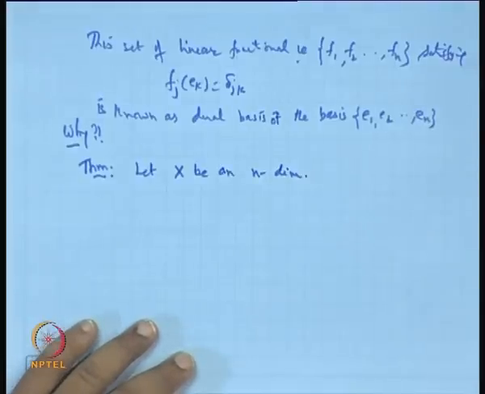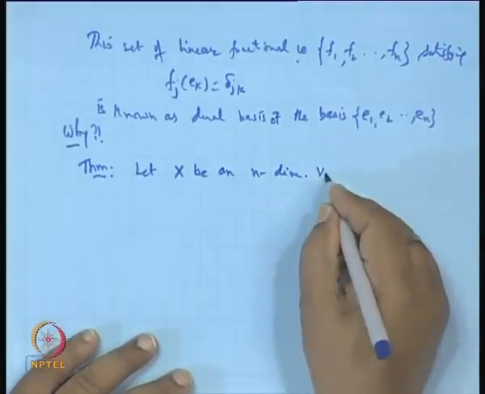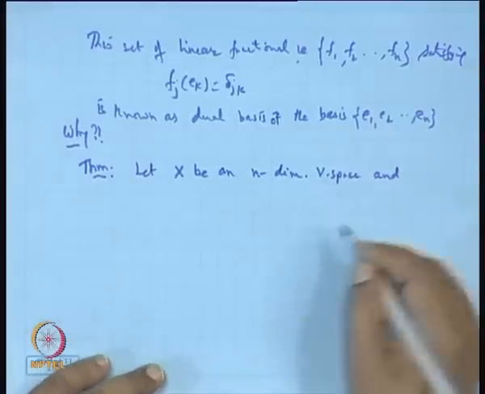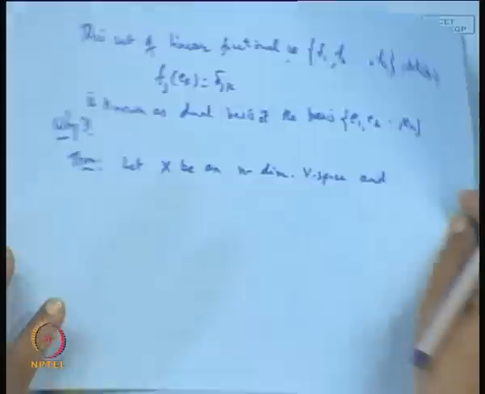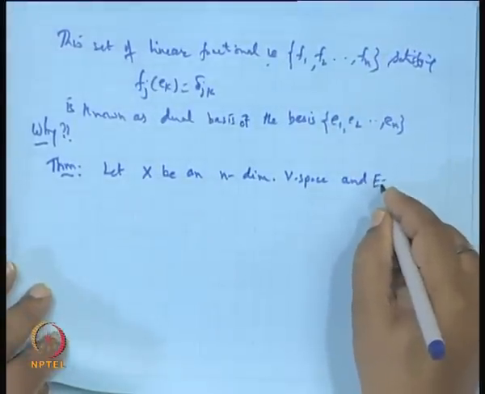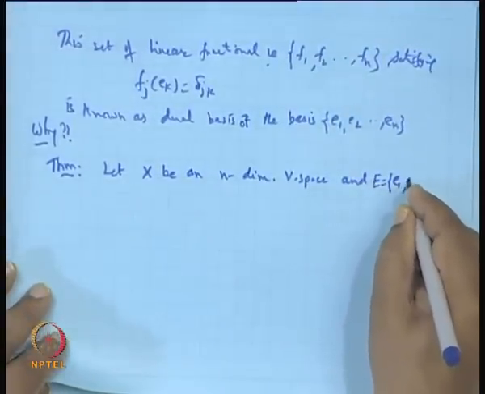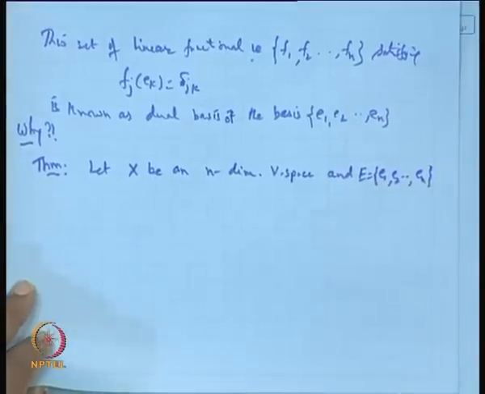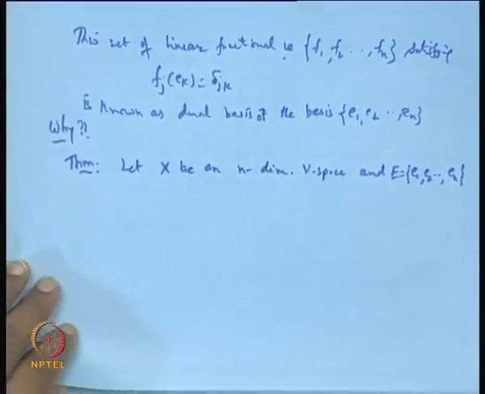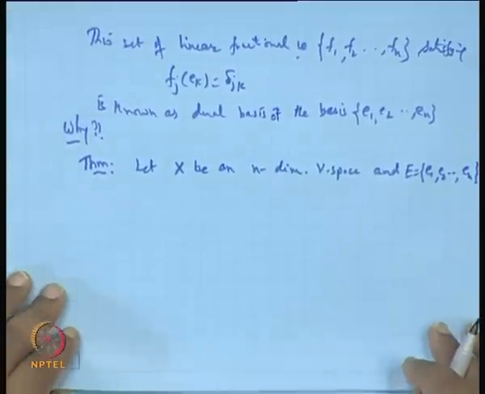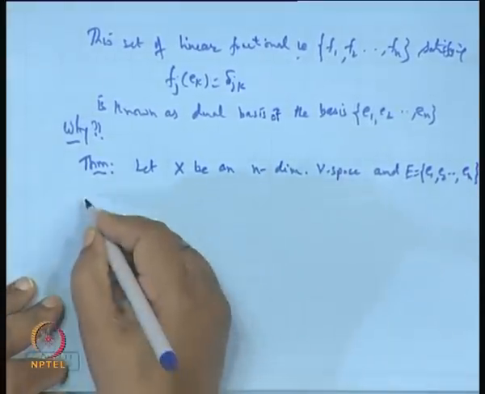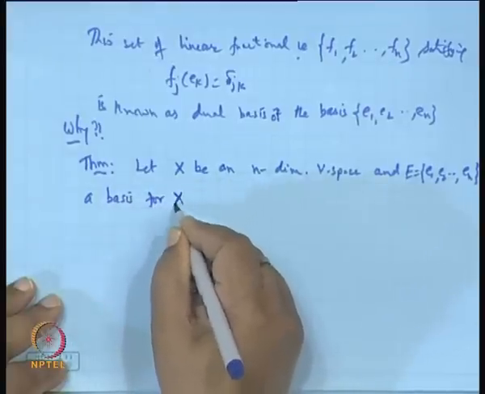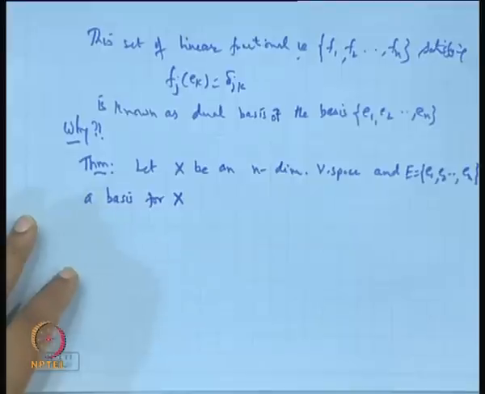vector space and E, which is E1, E2, En, a basis for x. Okay.